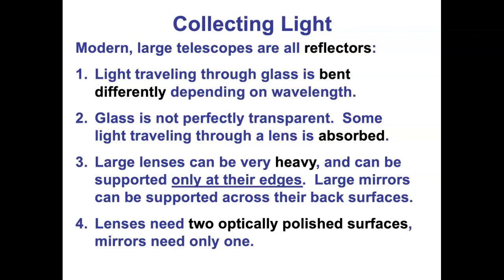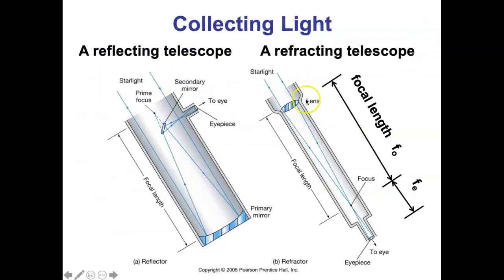If you want to make a big world-class refractor telescope, having a giant objective lens on the top of that telescope, that objective lens is going to be big, heavy, expensive. Making a solid slab of glass that is perfectly transparent and then polishing it perfectly on both sides so that it focuses the light perfectly becomes a very expensive proposition.